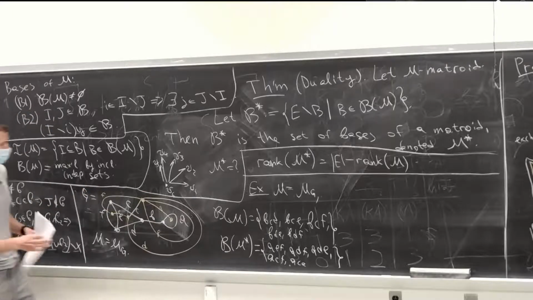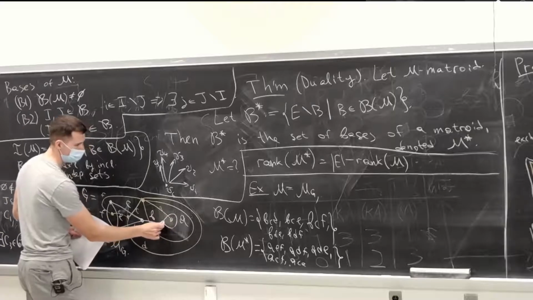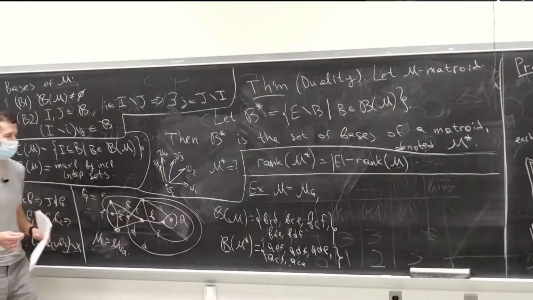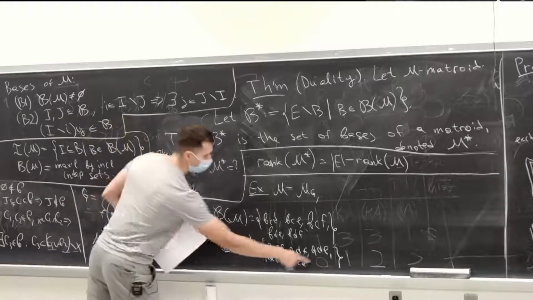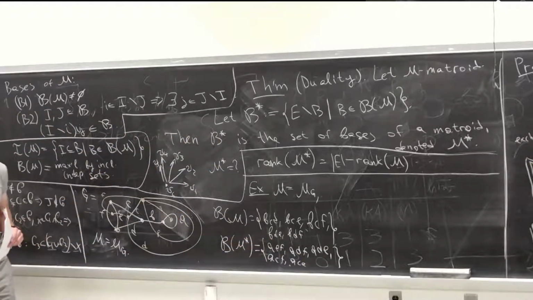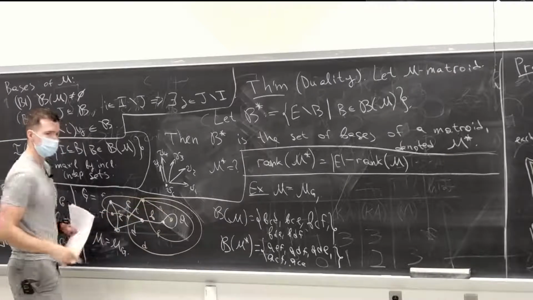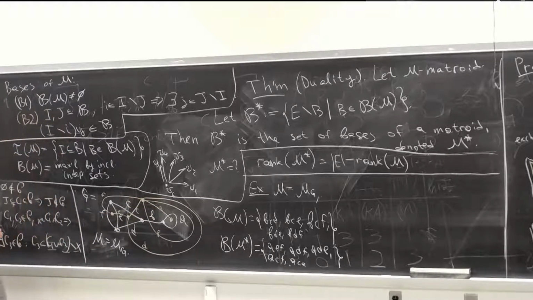In particular here, you see that A is a loop in the original graph, which means that it never appears in any of the spanning trees, and A appears in all spanning trees here, because if you remove A, the graph becomes disconnected. That's called a coloop. I'm going to talk about these later.